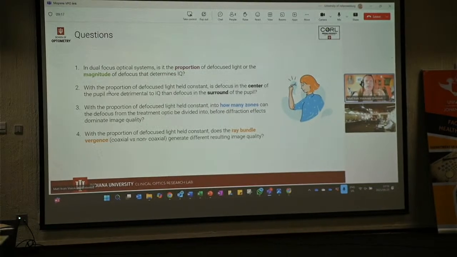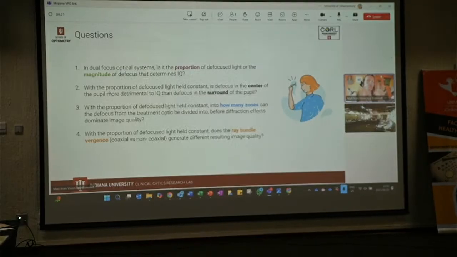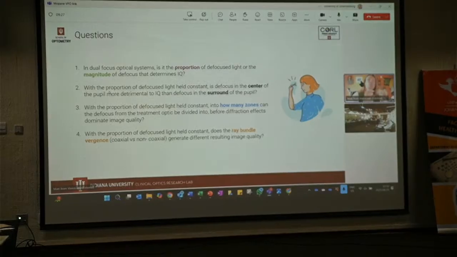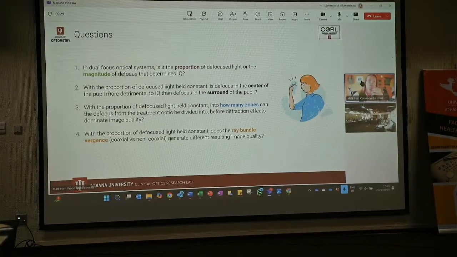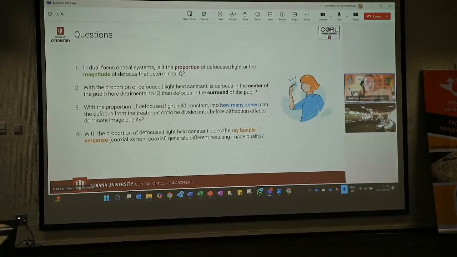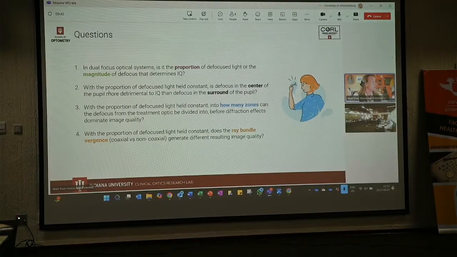These lenses will typically have a clear zone, which can be in the center or in the surround, that is designed for normal viewing, and then they will have an extra plus or minus power zone. So is it the proportion of the area of the zone, or maybe it's the magnitude, how much optical effect we put into the zone?